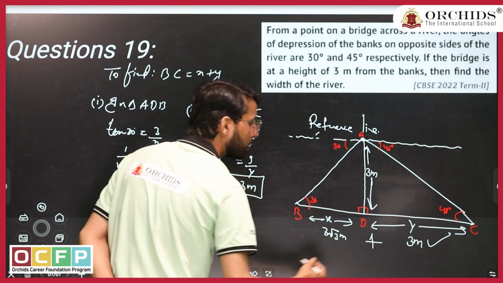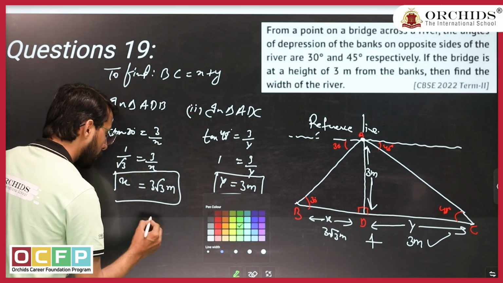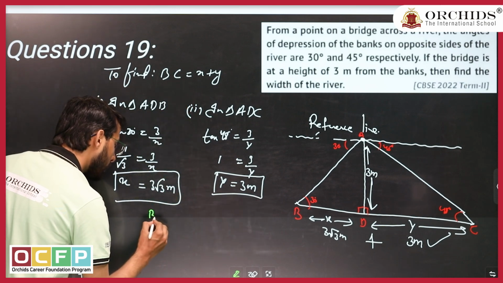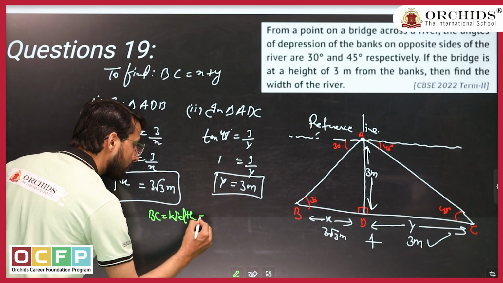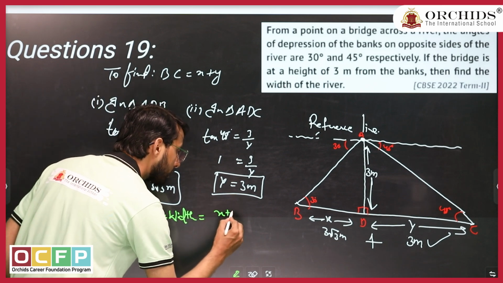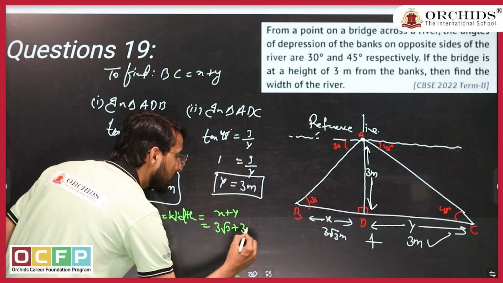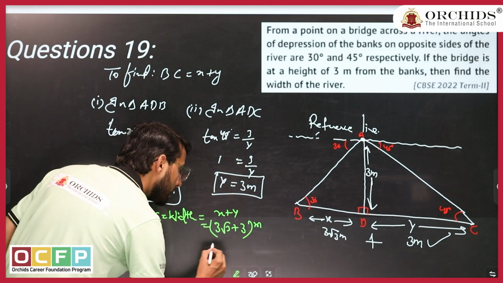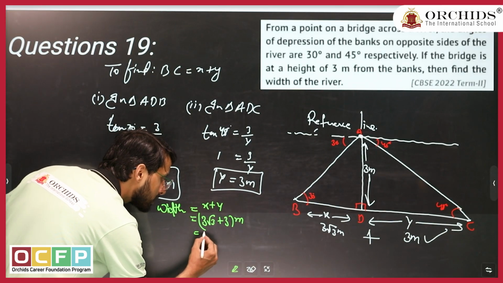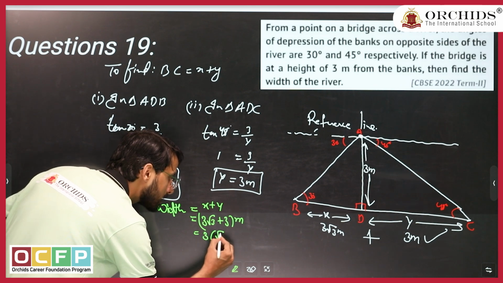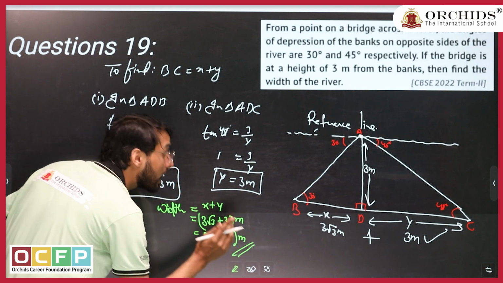Now if I add this, what should be my answer? The length of BC, which is the width of the river, is x plus y, which is 3 root 3 plus 3 meter. We can see that 3 is common. So if I take 3 common, it is 3 times root 3 plus 1 meter, which should be your final answer.